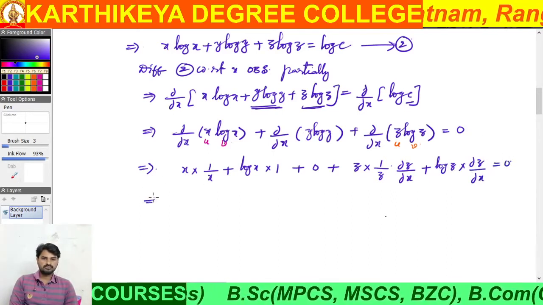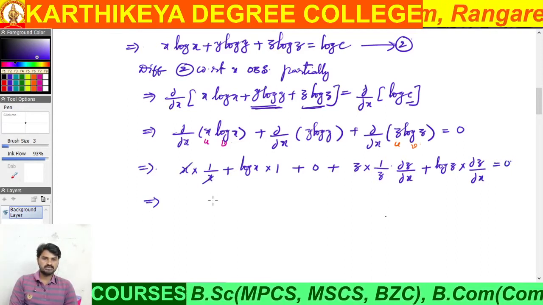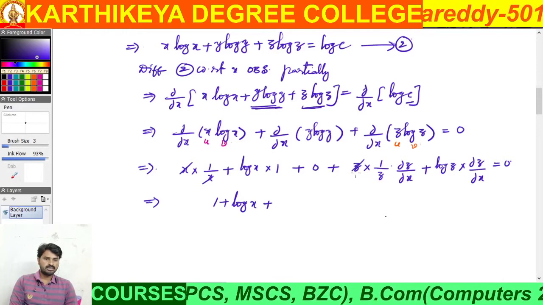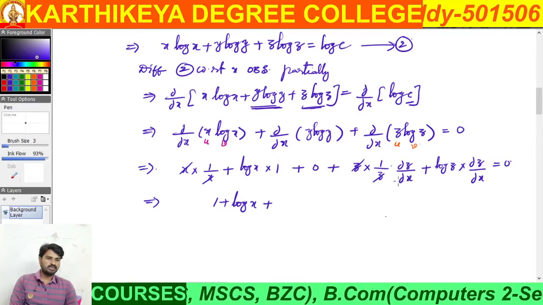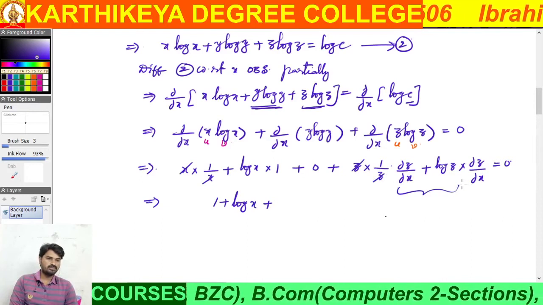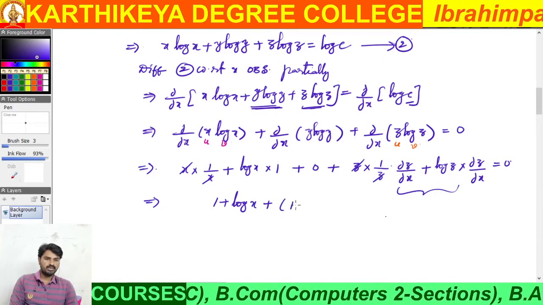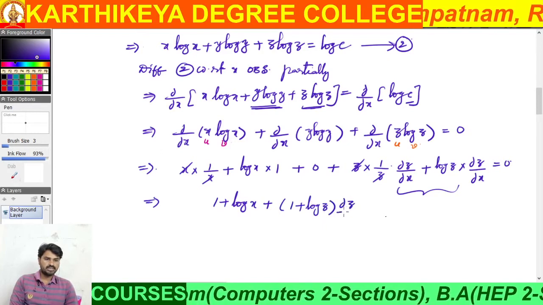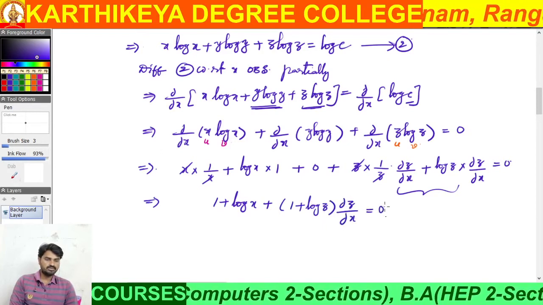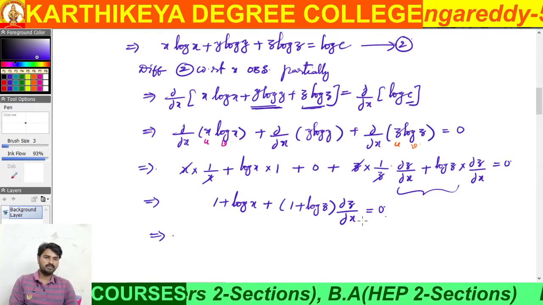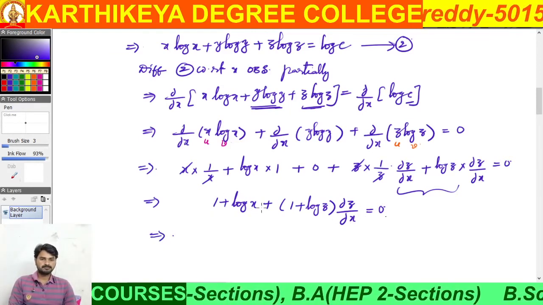Now finally x cancels, 1 plus log x, plus here z cancels, and taking the common ∂z/∂x you will get 1 plus log z into ∂z/∂x is equal to 0. So we need to find ∂z/∂x here.